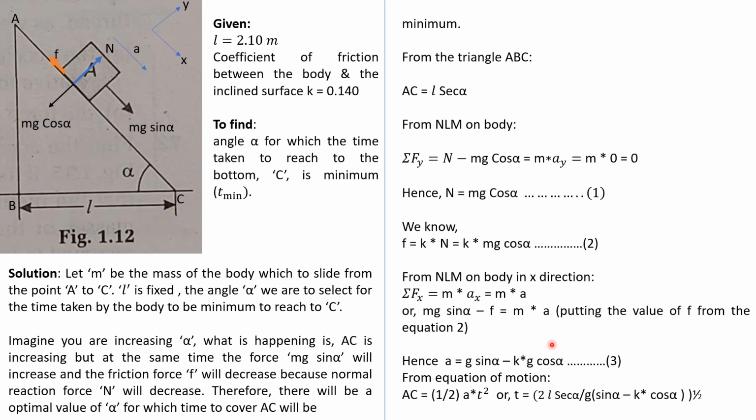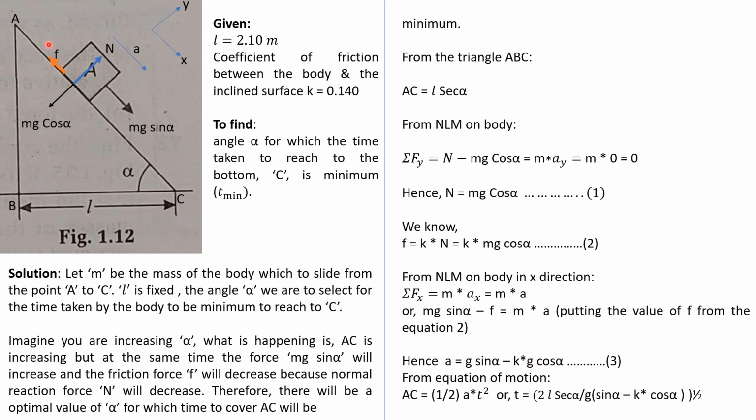But that will be wrong, because acceleration will keep on rising when alpha is increasing, but at the same time the AC length is also increasing. So though the acceleration is high, because of the AC length increase, the time taken will not be minimum. That is the reason we should go for an equation where t comes as a function of alpha.